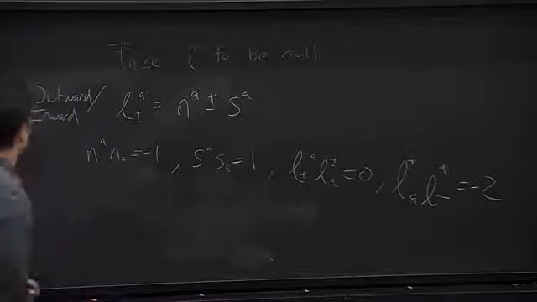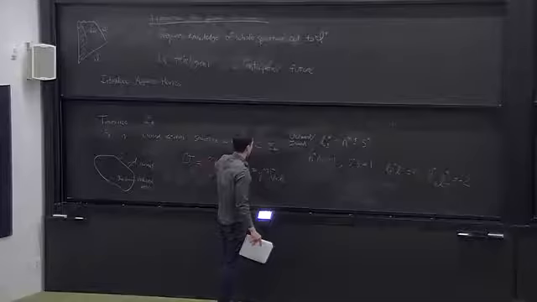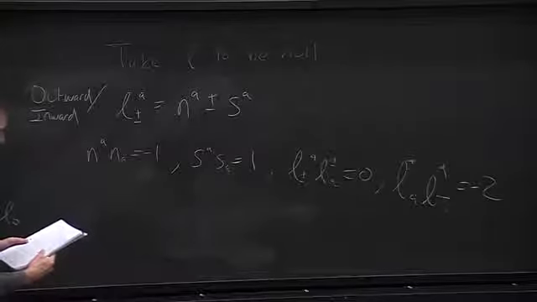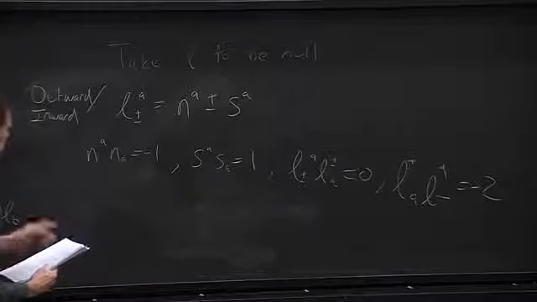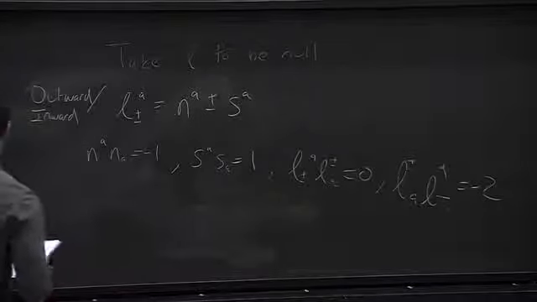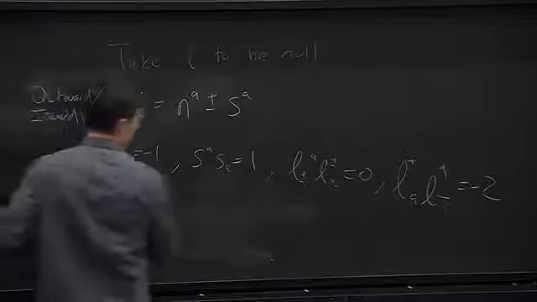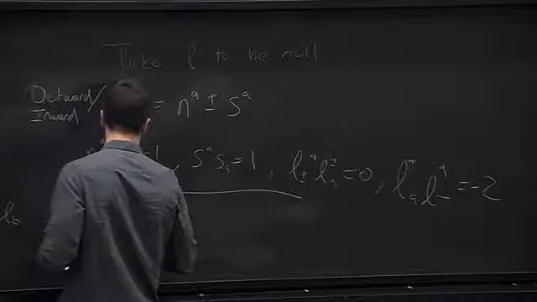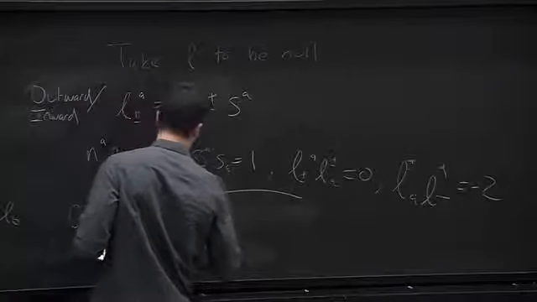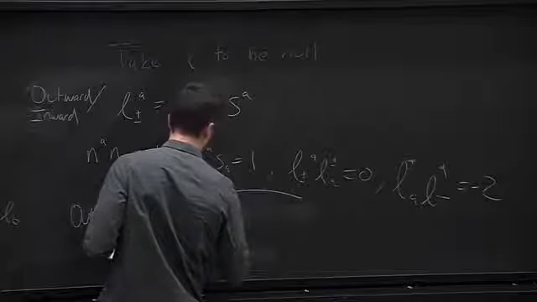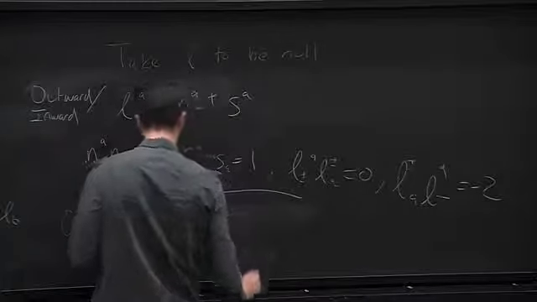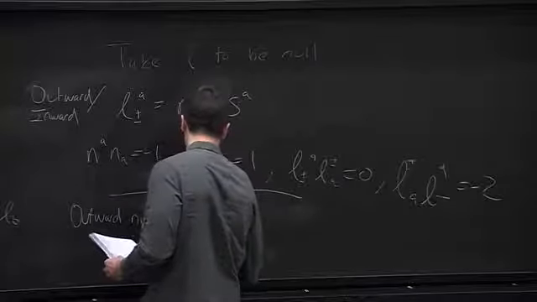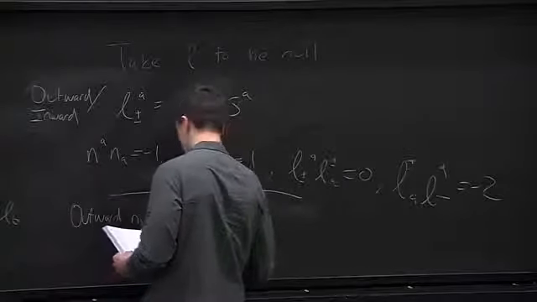Yeah, so in terms of this vector L, we can now compute an expansion. So we can call the outward null expansion just the script O evaluated for L plus.